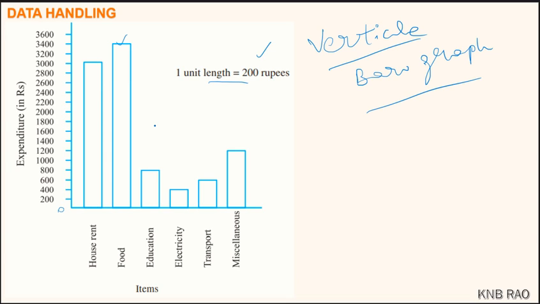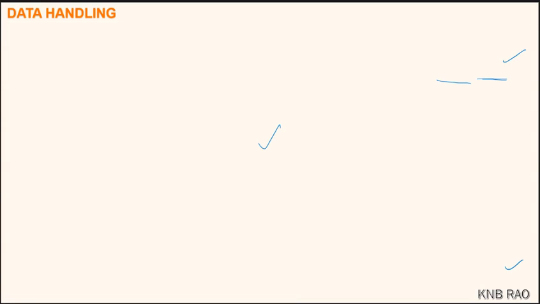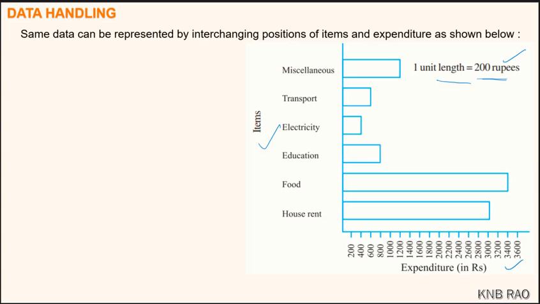Once again, I emphasize the meaning of vertical bar graph, where bars are parallel to the vertical axis, and a graph where bars are parallel to the horizontal axis is called a horizontal bar graph. This is a horizontal bar graph.